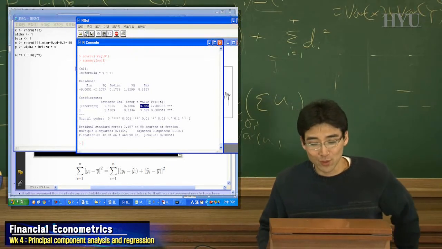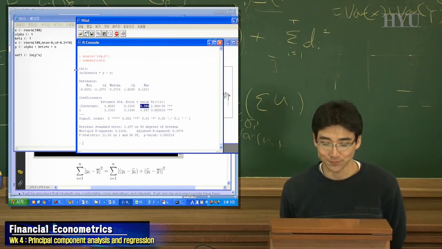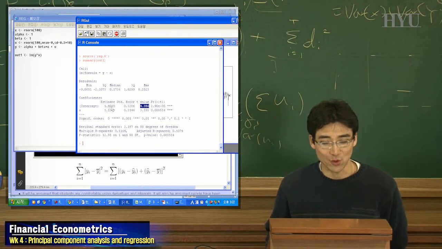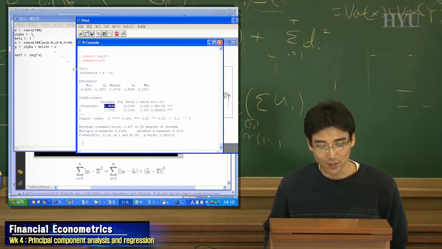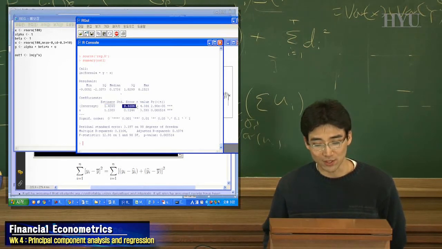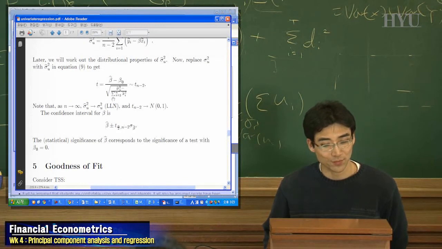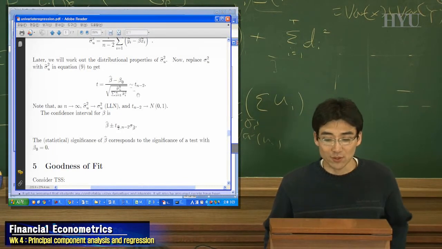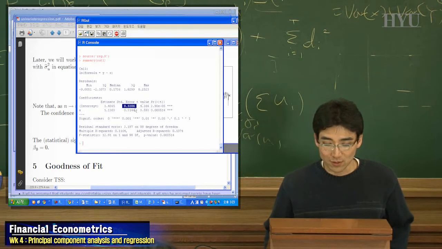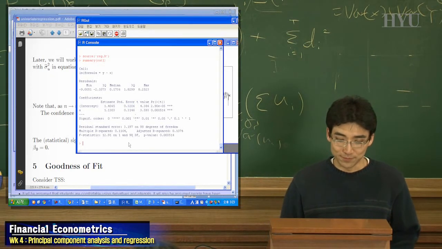Alternatively, we can check whether this estimate is significantly different from 1. In this case, from the estimate we subtract this 1, and then we divide by the standard error, which is basically this term.